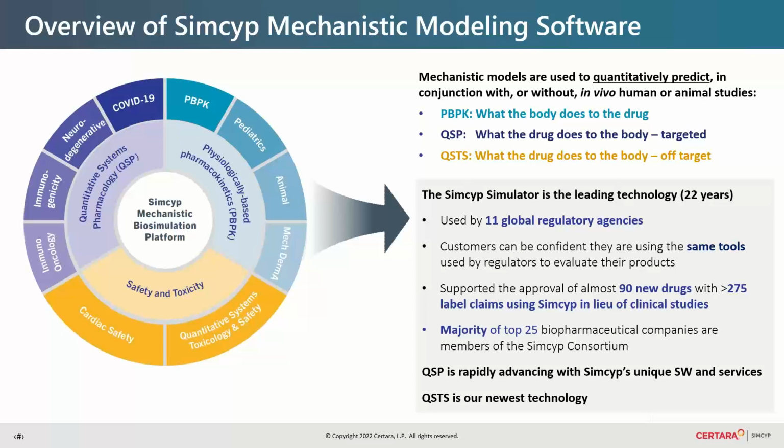We've got quantitative systems pharmacology, which we have several platforms in that area, including immuno-oncology, immunogenicity, neurodegenerative, and COVID-19, as well as vaccines. And then we have physiologically based PK, which is historically the remit of the Simcyp platform. And then finally, we also have offerings in safety and toxicity.